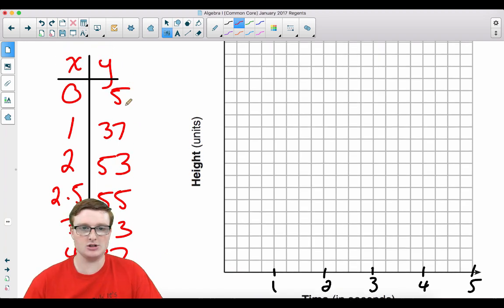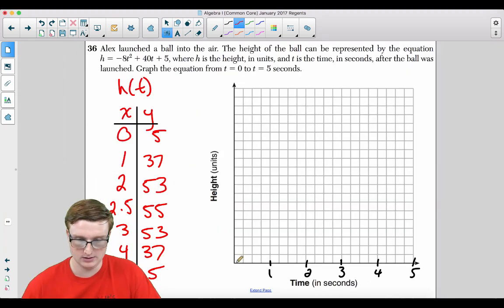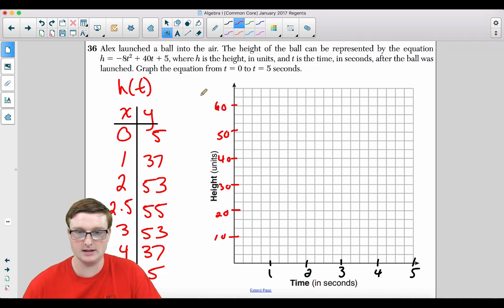So now from here, I'm just going to go ahead and graph this. I'm going to count by 10s here. So this is 10, this is 20, this is 30, 40, 50, and all the way up here is 60.